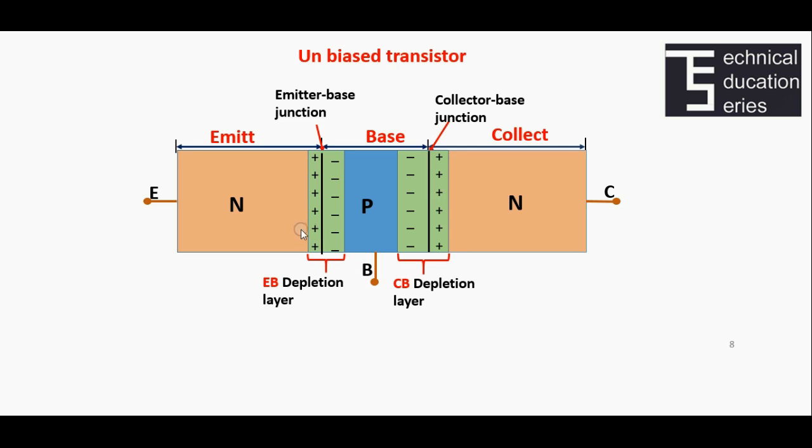In the depletion layer formed on the emitter junction, the extension of the depletion layer would be more into the base since it is more lightly doped than the emitter. In a similar way, the extension of the depletion layer in the collector junction will be more into the base region as it is more lightly doped than the collector.